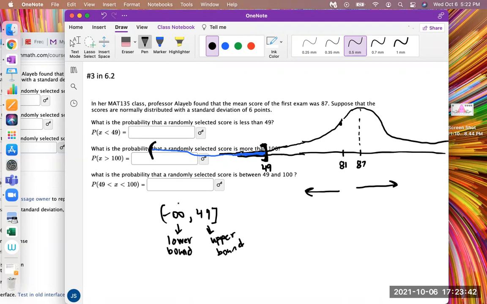One thing about the TI-84 calculator, though, is that it doesn't even have a way for you to input negative infinity. So you have to have a workaround for that.